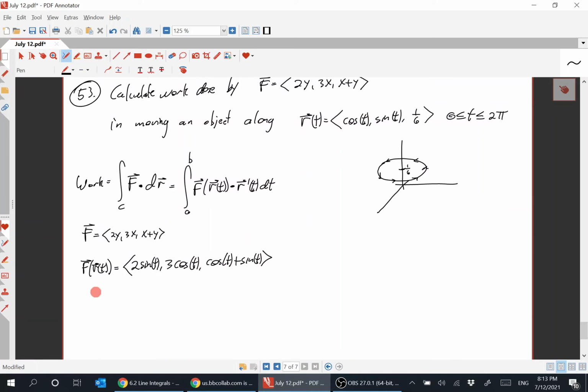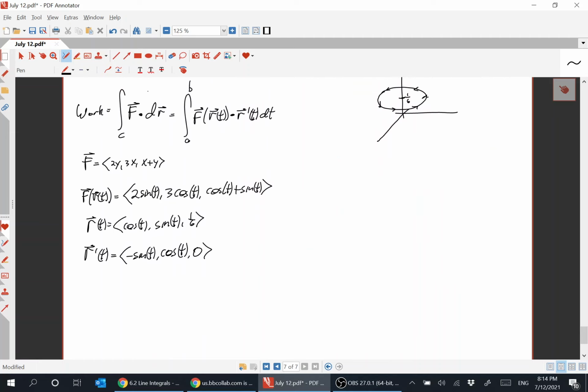And then we've got r of t up there, is the circle cosine t, sine t, 1/6. r prime of t, therefore, is equal to minus sine of t, cosine of t, 0.